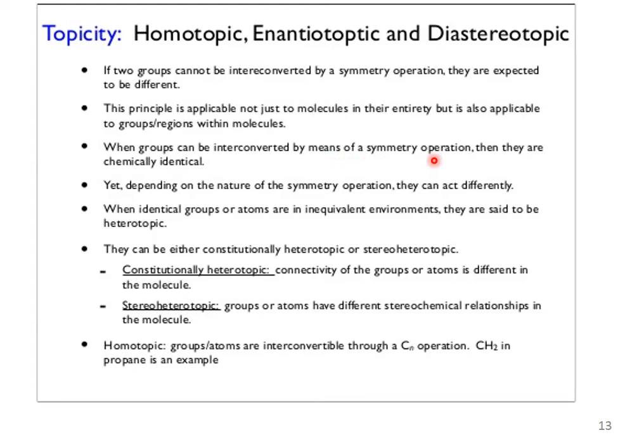Constitutionally heterotopic means the connectivity of the groups or atoms is different in the molecule. Stereoheterotopic means groups or atoms have a different stereochemical relationship in the molecule. Homotopic groups or atoms are interconvertible through a C n operation. CH2 in propane is an example.